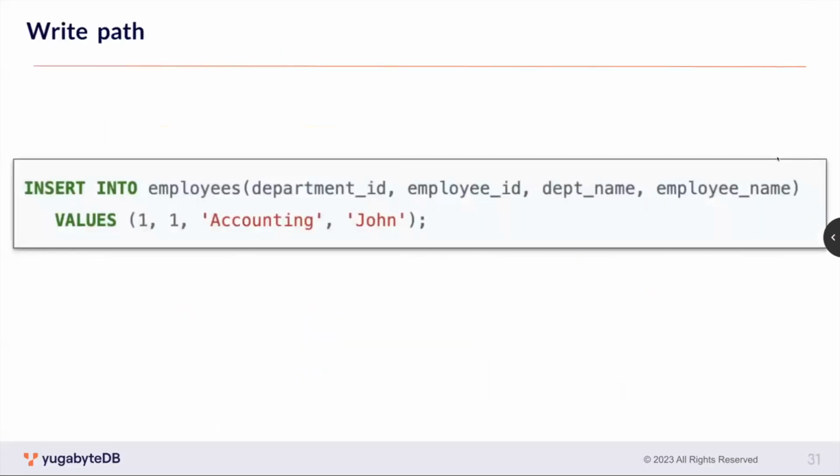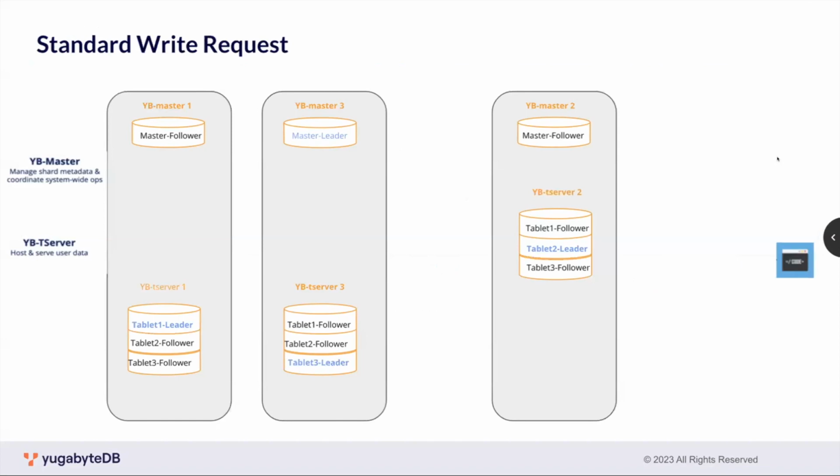So the write, again, this is not a transaction, it's a single row. Insert an employee, whatever, with the primary key, the employee ID. It's kind of the same. You want to update on tablet 3 because you calculate the hash value, so we know that it is tablet 3.